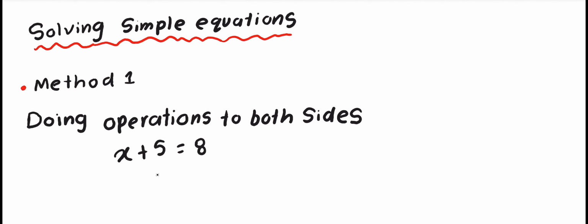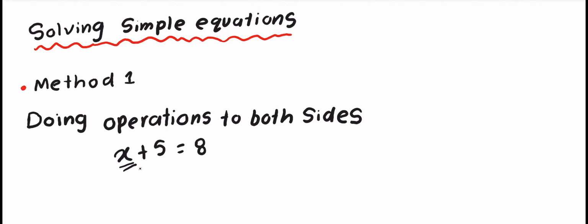In this simple equation, what is the variable? It is x. So I want you to think of solving an equation as a game. Our mission is to find the variable.